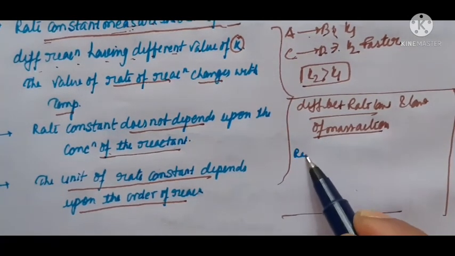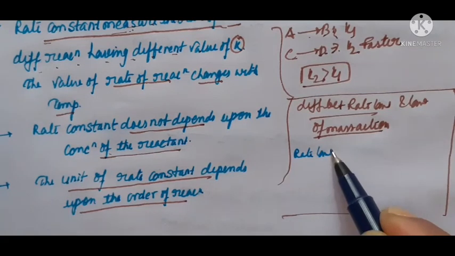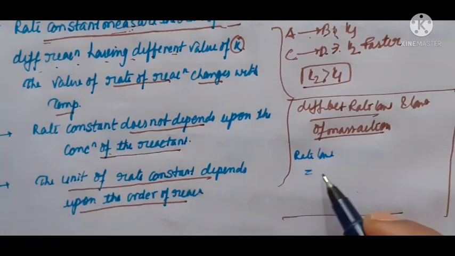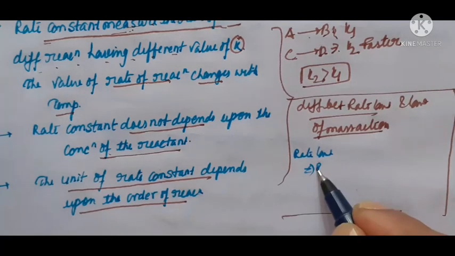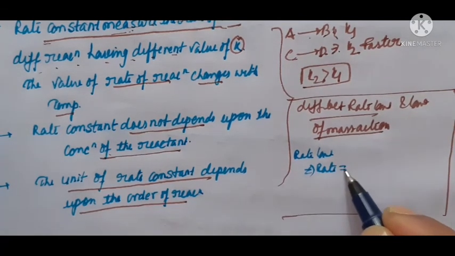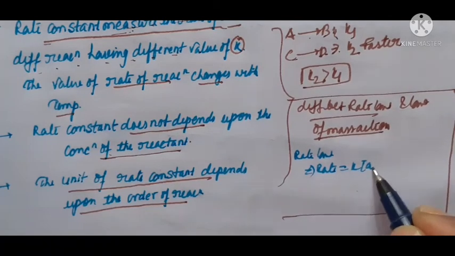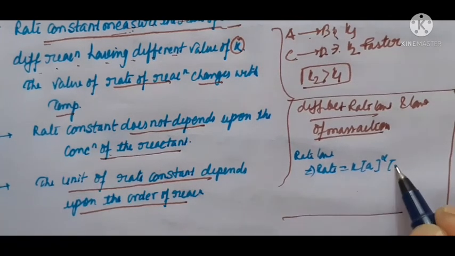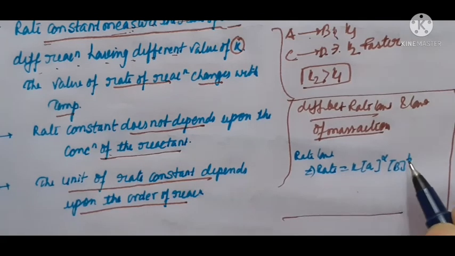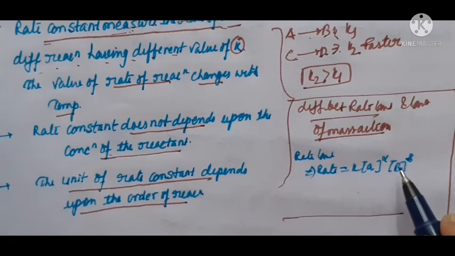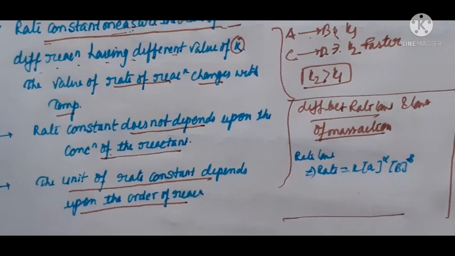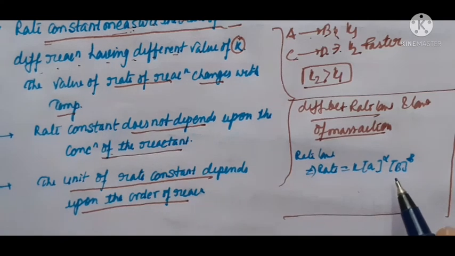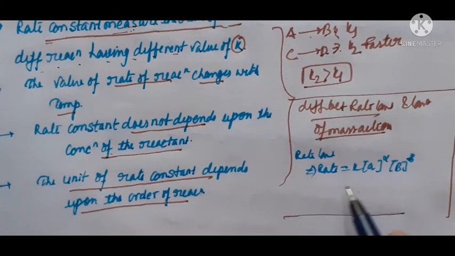According to rate law, rate equals K [A]^alpha [B]^beta. Here alpha and beta are unknown terms that we have to find out by using the data. So by the rate law, the order of reaction can be calculated in this form. That is, the order of reaction is not fixed.